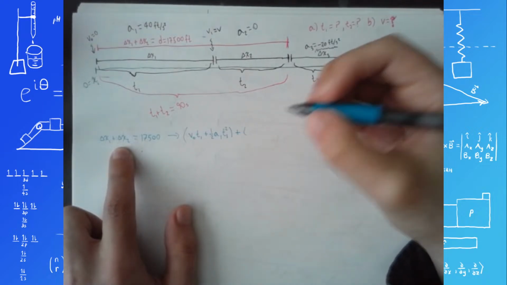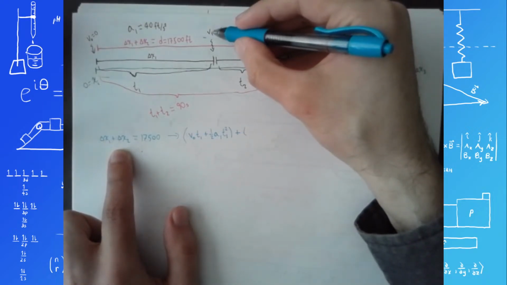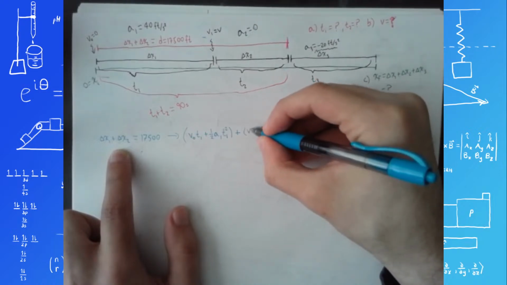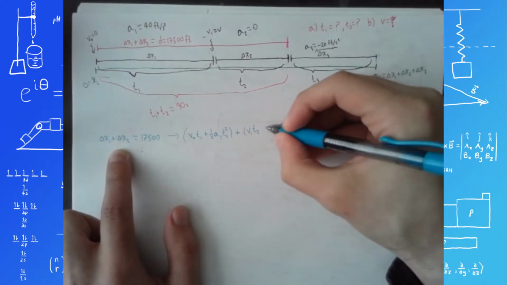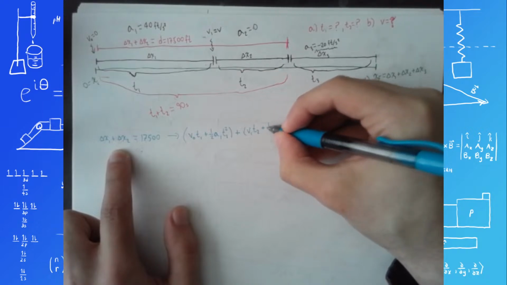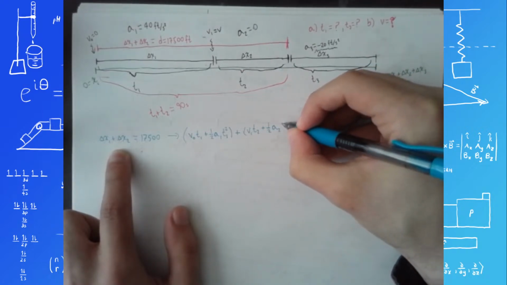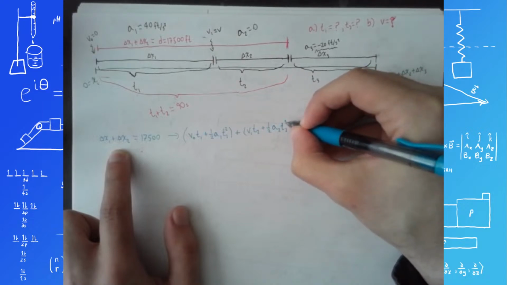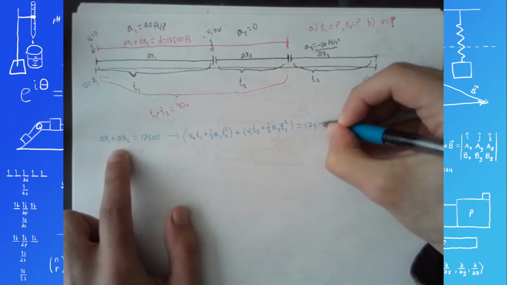Delta x2 is going to be v1 times t2 plus 1/2 a2 times t2 squared, and that's going to equal 17,500.